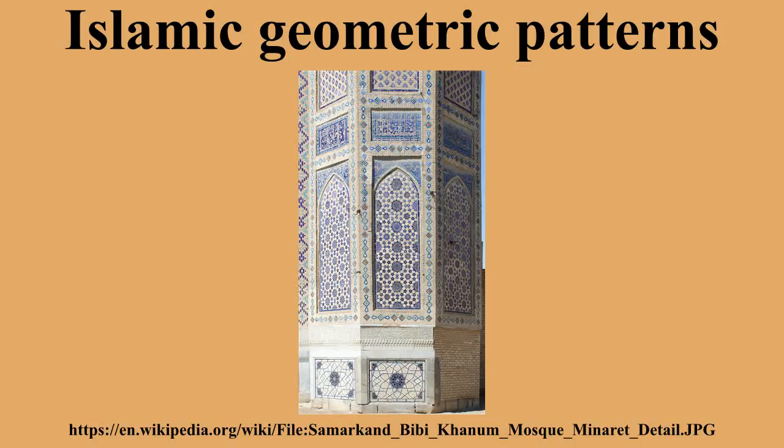More elaborate combined 16-point geometrical patterns are found in the Sultan Hassan complex in Cairo in 1363, but rarely elsewhere. Finally, 14-point patterns appear in the Jama Masjid at Fatehpur Sikri in India in 1571 to 1596, but in few other places.